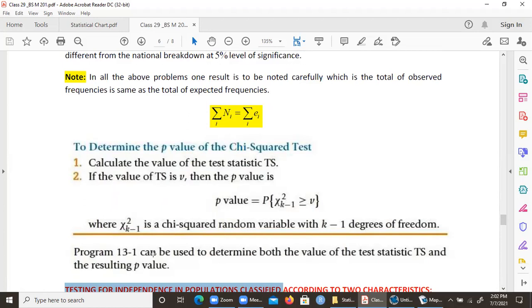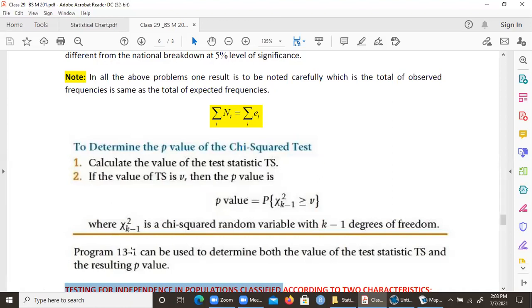In this particular image, you can see that there is a statement written that program 13.1 can be used to determine both the value of the test statistic TS and the resulting p-value. Remember that this program they are talking about, in the image that I have collected from a book, is not talking about the Maple software.